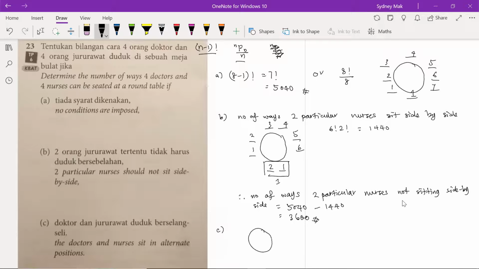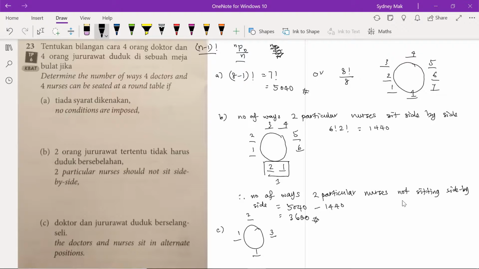Now, C, the doctors and the nurses sit in alternate positions. So I will use the illustration way. 1, 2, 3, 4, 5, 6, 7, 8. Let either the nurses or the doctors sit in first. Let 4 people sit in, since we have 4 of each. Let the doctors sit in or the nurses sit in. So only one way to sit in. The remaining doctors will be 3, 2, 1.